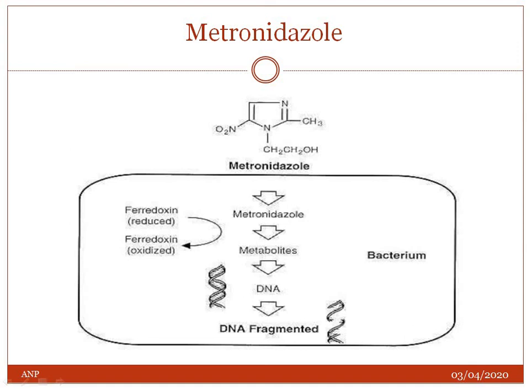The nitro group of metronidazole accepts the electron from ferredoxin, and then metronidazole becomes a reduced cytotoxic compound that binds to proteins and DNA, resulting in the cell death of Entamoeba histolytica.